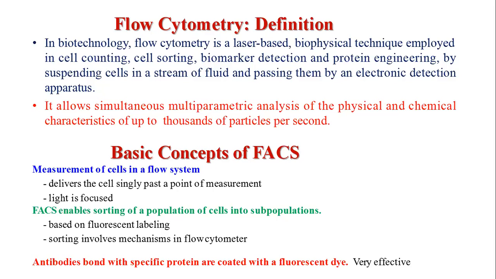So the basic concept of FACS is that it measures the cells that are under fluidic conditions, that is, in motion or in a flow system, and delivers the cell singly past a point of measurement.